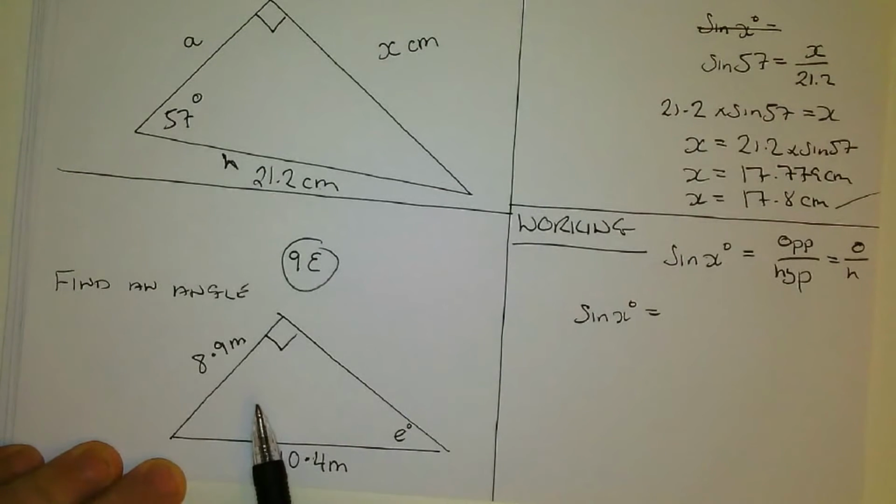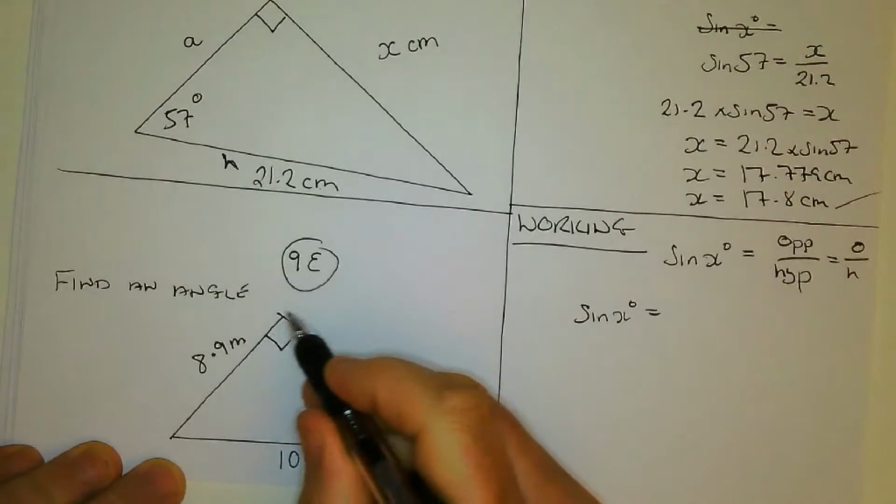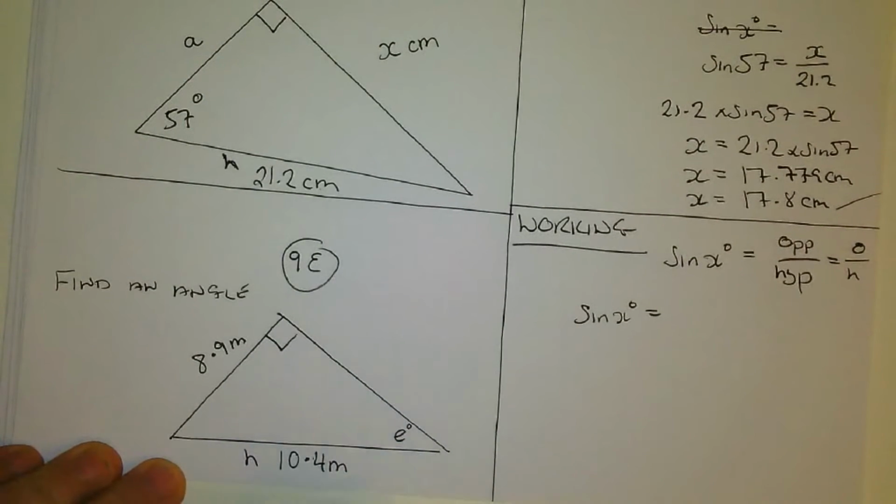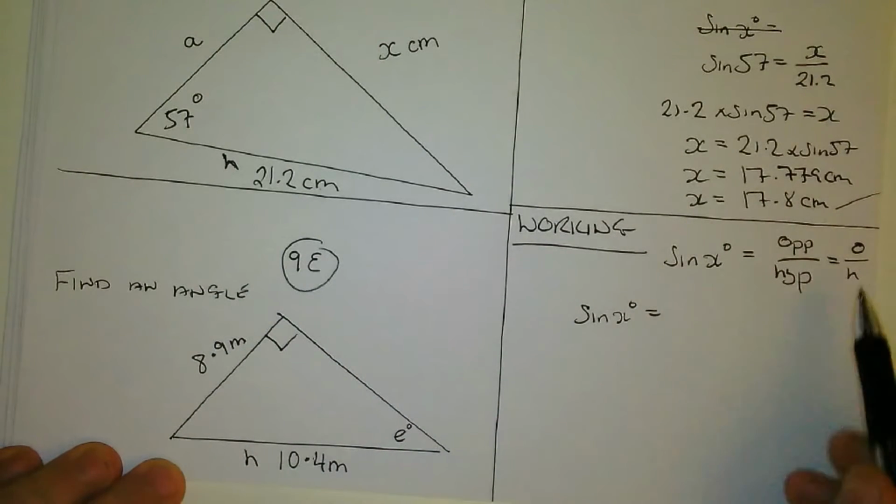Right, so let's go and label it now. There's the 90 degrees here, that's got to be the H. Now this is interesting, we've got the opposite and the hypotenuse.